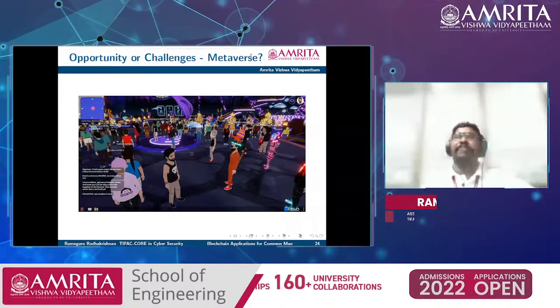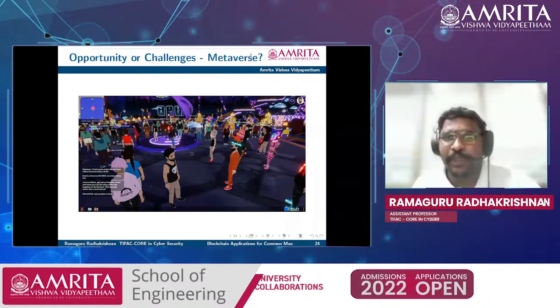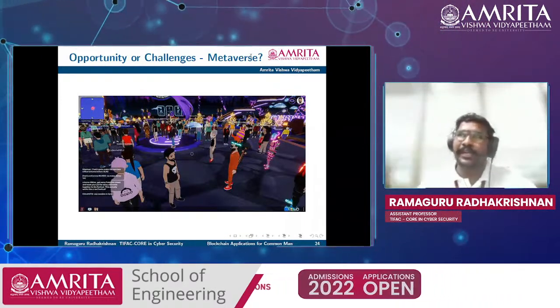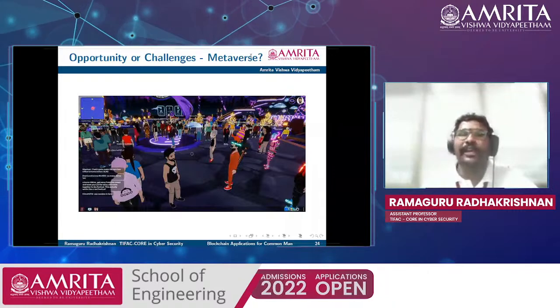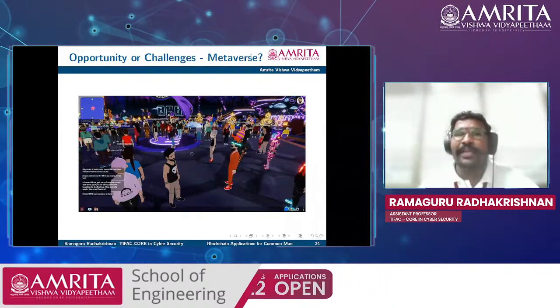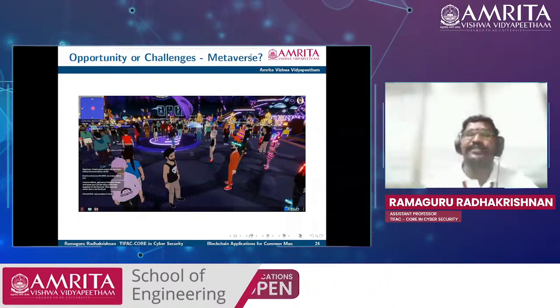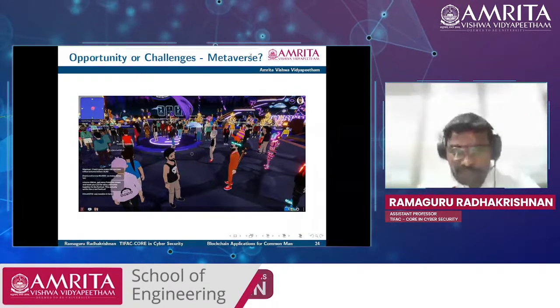The other major evolution of blockchain, how blockchain is going to contribute to the metaverse, is something that all of us have to sit and watch.